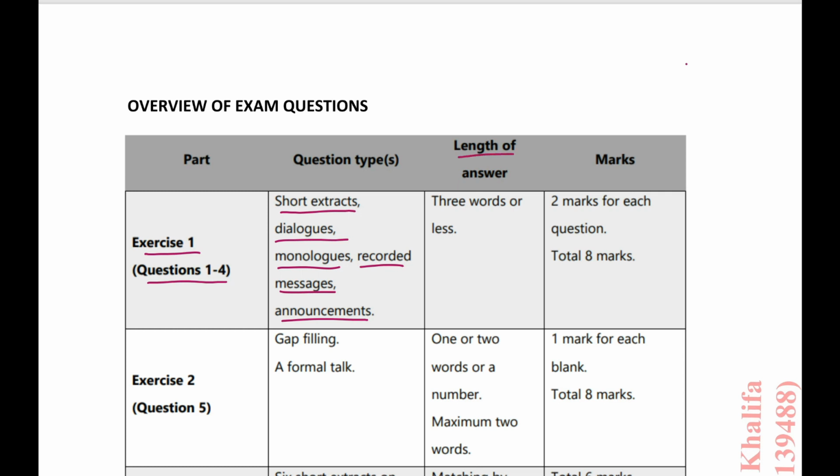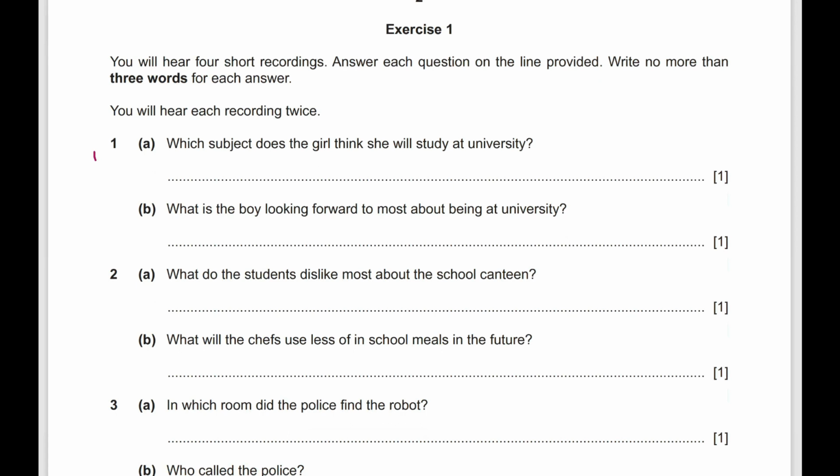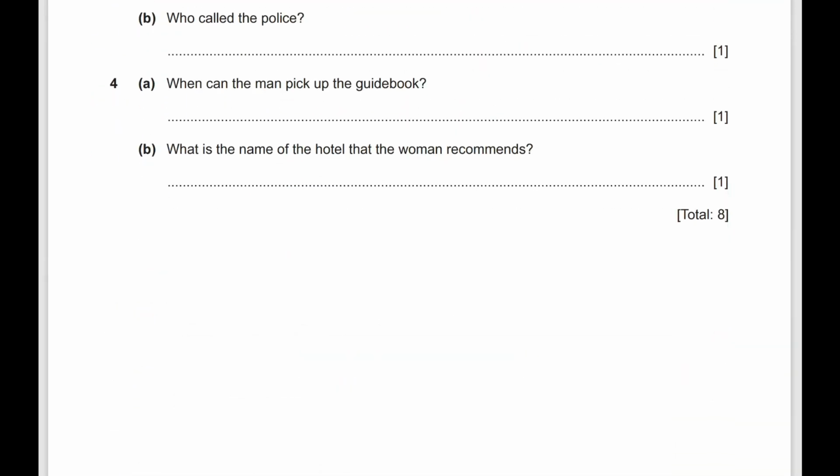Length of words, 3 words or less. Marks, 2 marks for each question. Total 8 marks, as you can see here in question number 1. So exercise number 1, we have got, for example, question 1, which consists of A and B. So the total marks is 8, okay? So this is one.